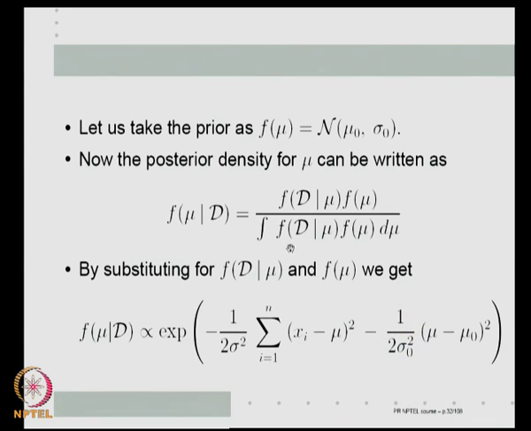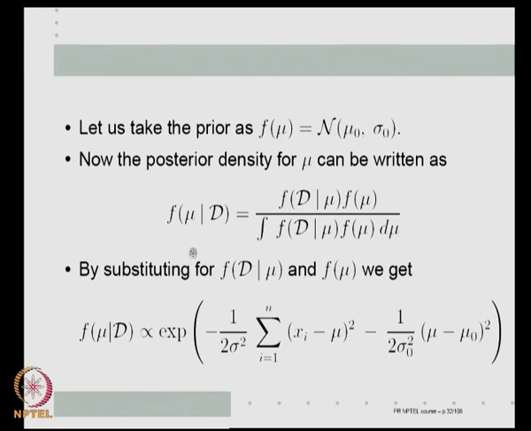So, the posterior depends on the product of these two. The first term f of D given mu is this exponential of minus 1 by 2 sigma square sum of xi minus mu whole square, and f of mu is a normal with mean mu 0 and variance sigma 0 square. So, that will add minus 1 by 2 sigma 0 square mu minus mu 0 whole square. This is the only part of this product that depends on mu.